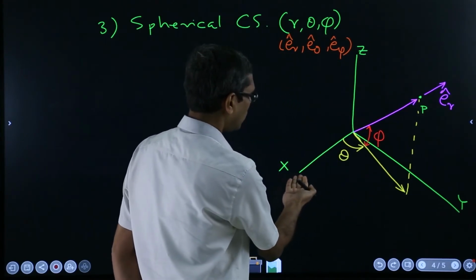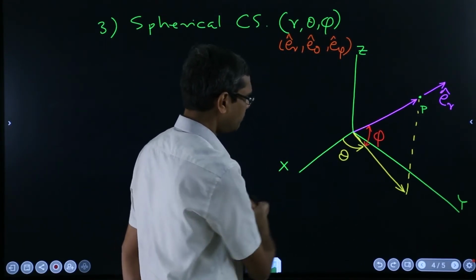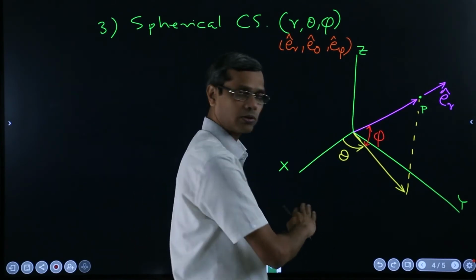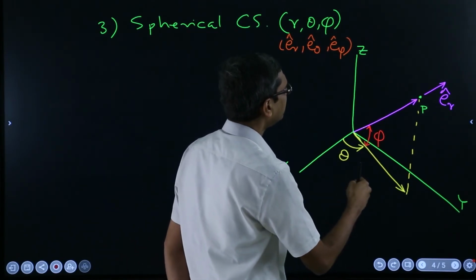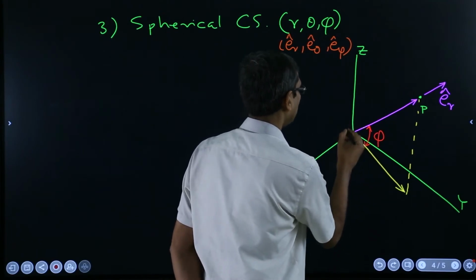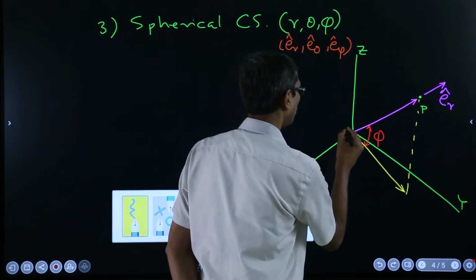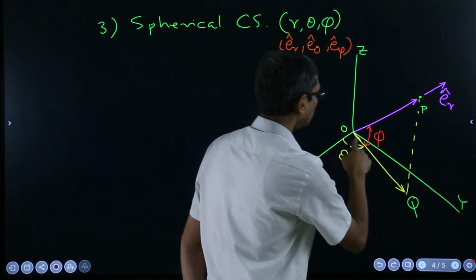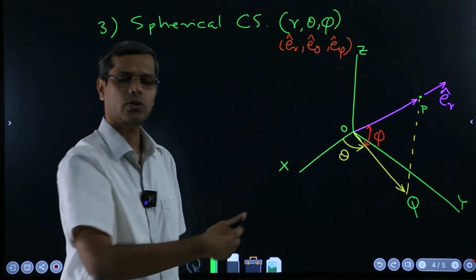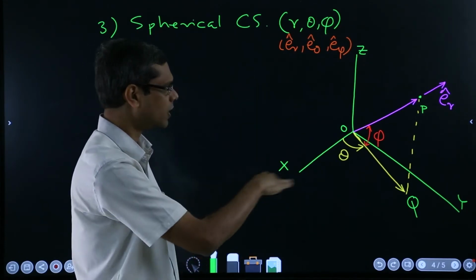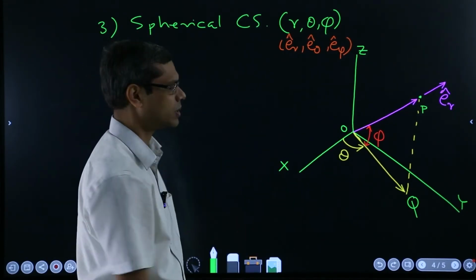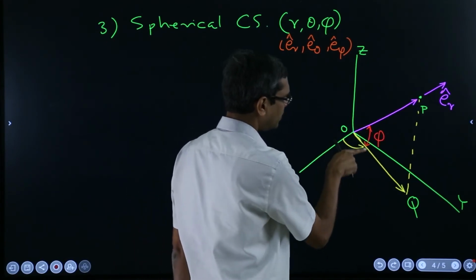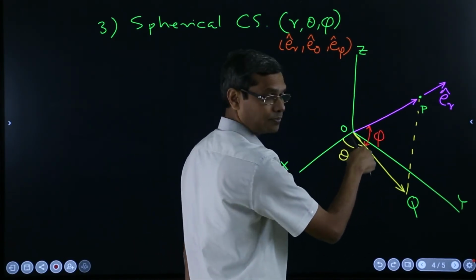One is on the xy plane. This angle theta is on the xy plane, and these points, say, let me call them O, Q and P. So now OPQ constitute a plane which is perpendicular to xy and passing through Z. On that plane this angle phi is measured.